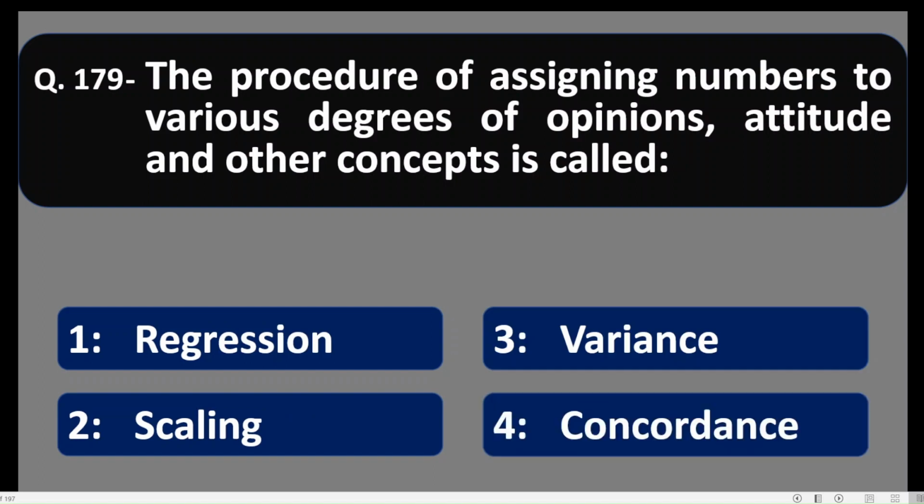Number 4, concordance. Friends, it is scaling. We use attitude scale in which the numbers are assigned to various degrees of opinions or attitudes on the basis of the degrees of attitude. So it is scaling.